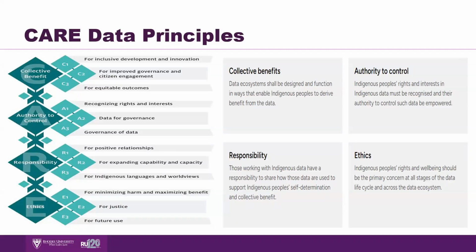The data are treated responsibly and collected in a responsible manner, and they comply with ethical conduct and ethical prescriptions. The key thing is that the data must have some kind of benefit that will flow back to the indigenous community. It shouldn't be a case where people are being exploited for their research data.